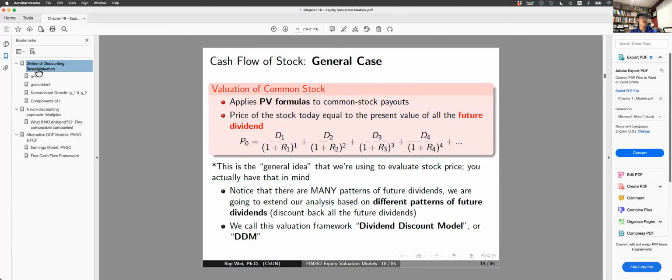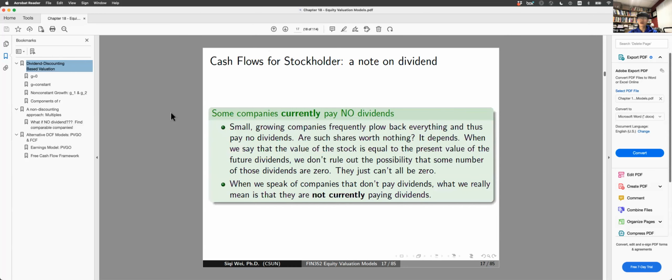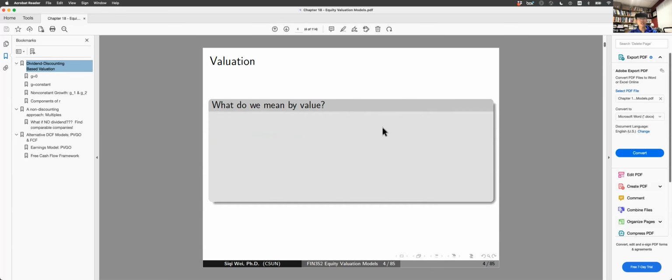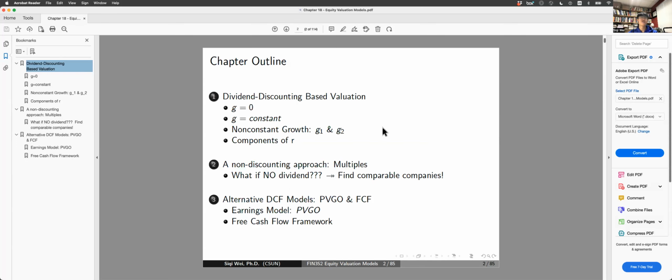To sum up, we have a couple approaches to establish the value of the stock. First, we assume firms pay dividends over time, and dividends could be constant growing, randomly growing, or have no pattern at all.